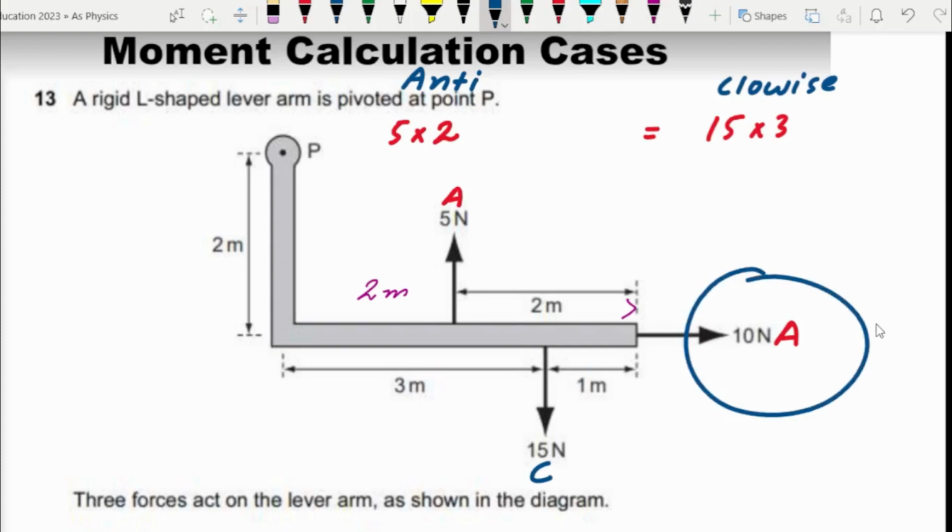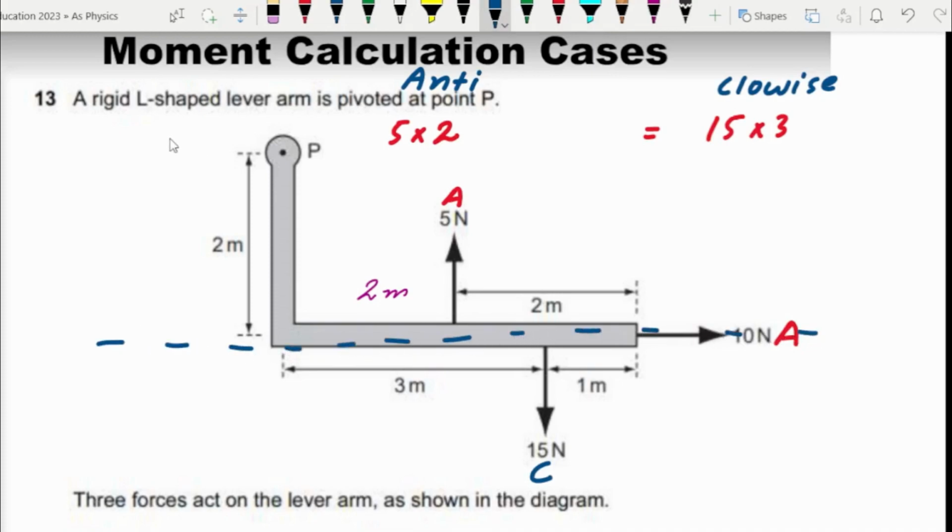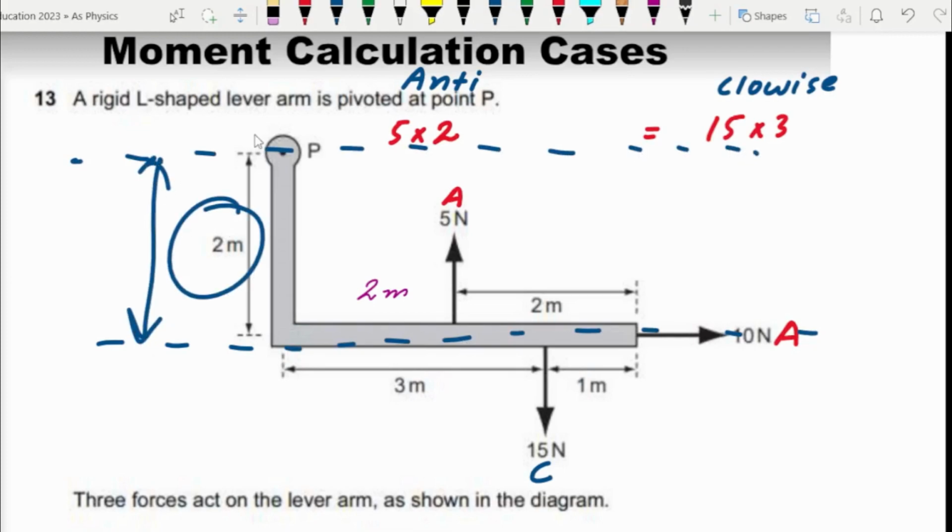Then there's a third force which would also produce anti-clockwise. तो इसको भी left side पे add कर लेंगे. And how much moment of force would be there because of this force? देखो, once again, this is your line of force and this is your line of pivot for this situation. What is the distance between these two? 2 meters.